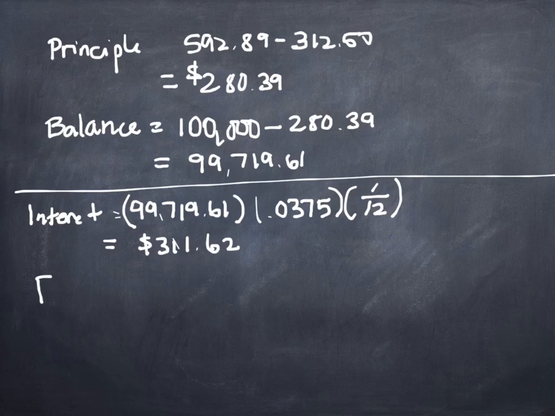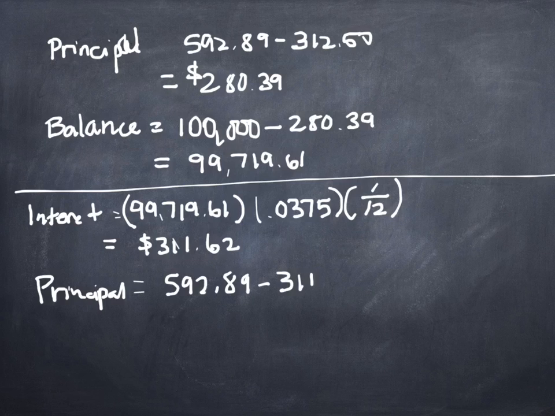And if I want to find my principal payment, my principal payment is found by taking my $592.89 and taking off my $311.62.